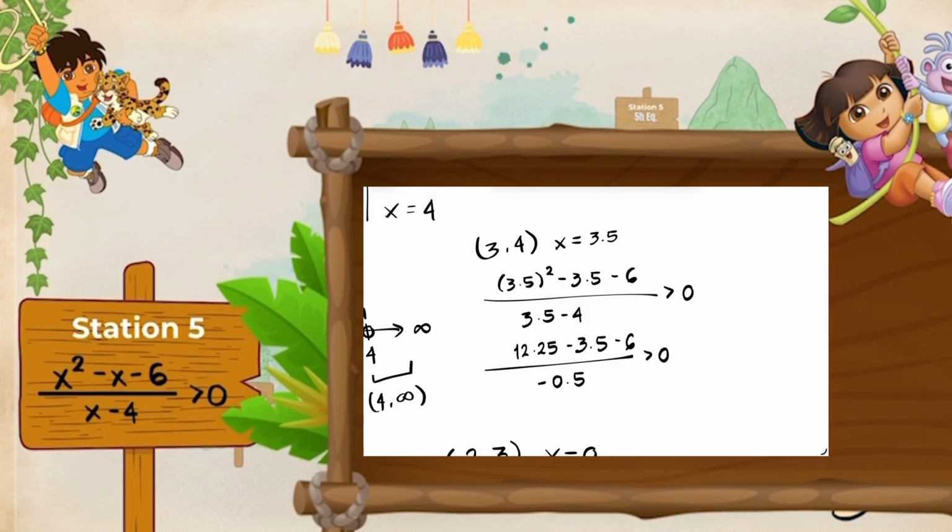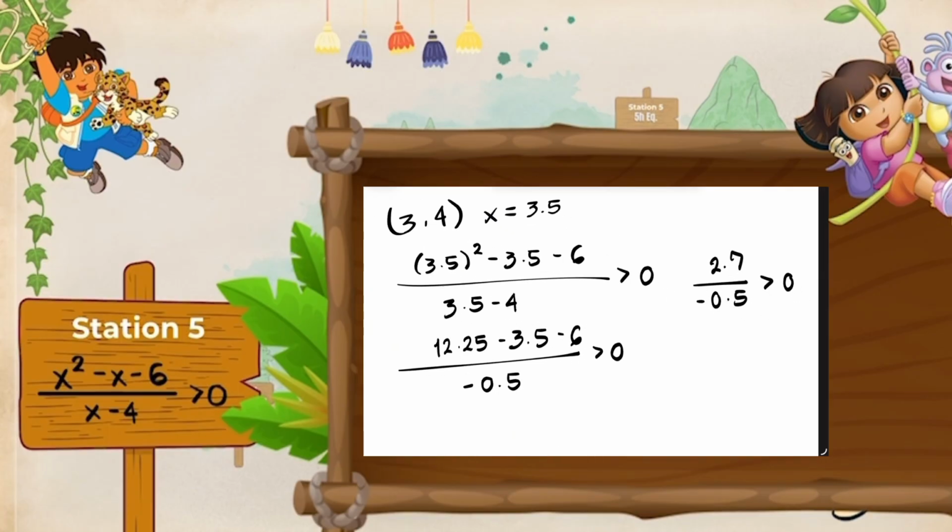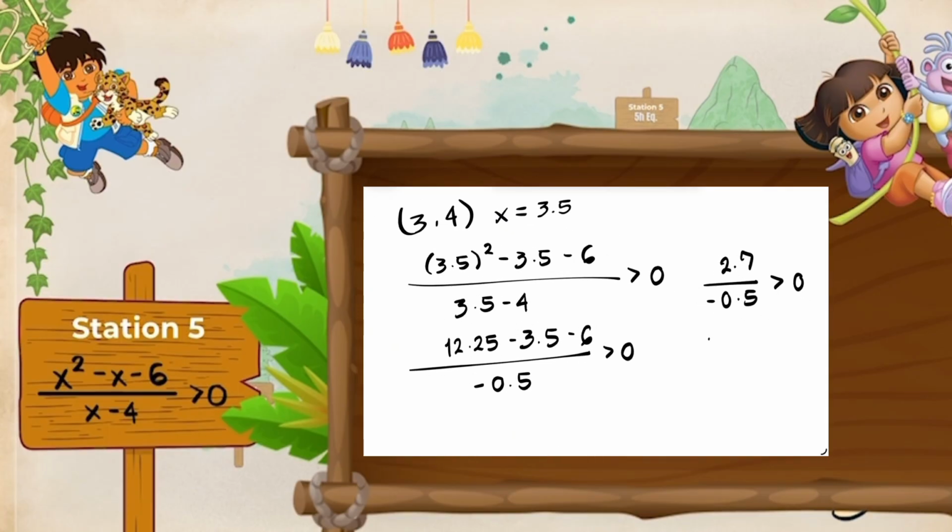And 12.25 minus 3.5 minus 6 is equal to 2.75 over negative 0.5. One is positive and one is negative. Therefore, it's not true. It's false.